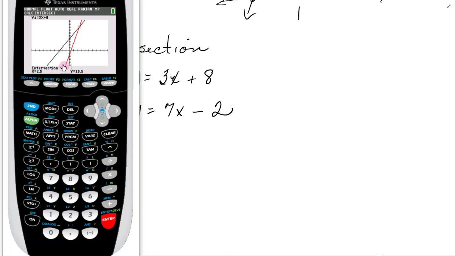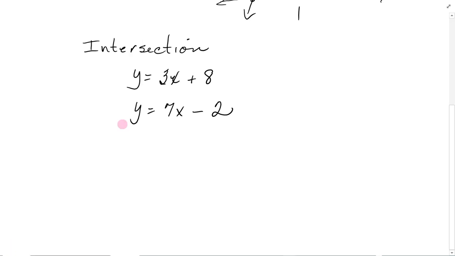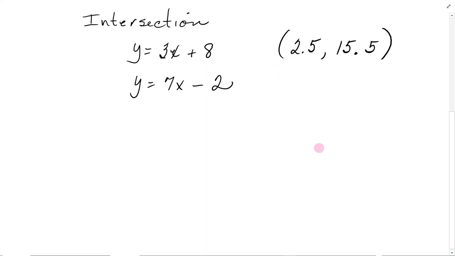It will say intersection when it's done, and the answer is 2.5, 15.5. So 2.5, comma, 15.5. This is the only point in the coordinate plane that is a solution to this equation and a solution to this equation. Let's look at one more.